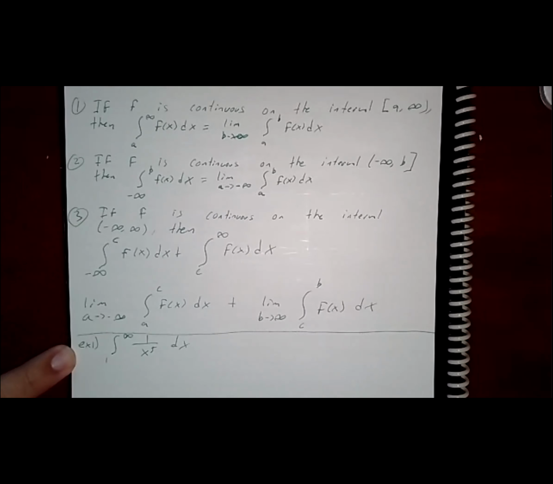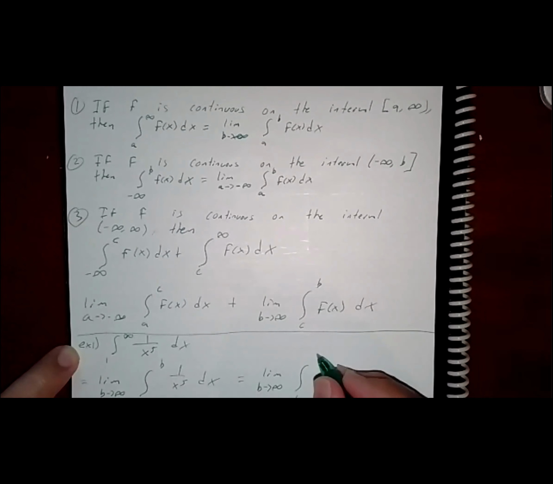So first thing you need to do is rewrite it, right? We said use the limit as b approaches infinity, and then you change this from 1 to b of 1 over x to the 5th dx. And this integral will be x to the -5, right?